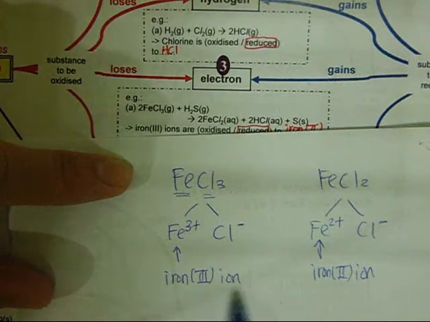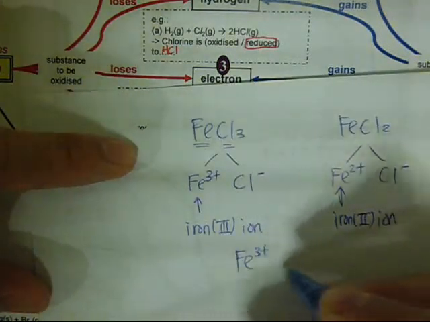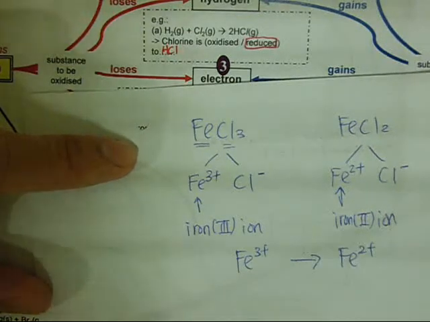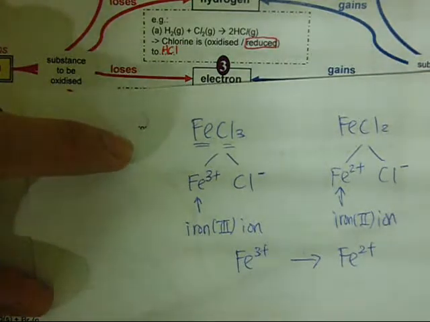So iron 3 ion changes to iron 2 ion, Fe3+ changes to Fe2+. Is it a gain of electron or a loss of electron?